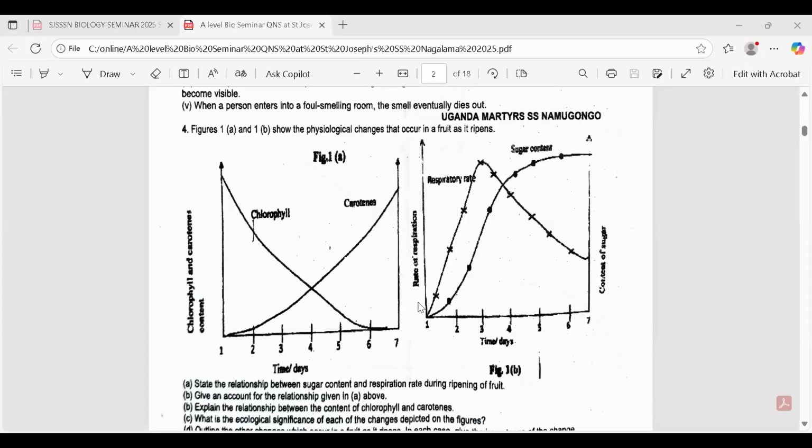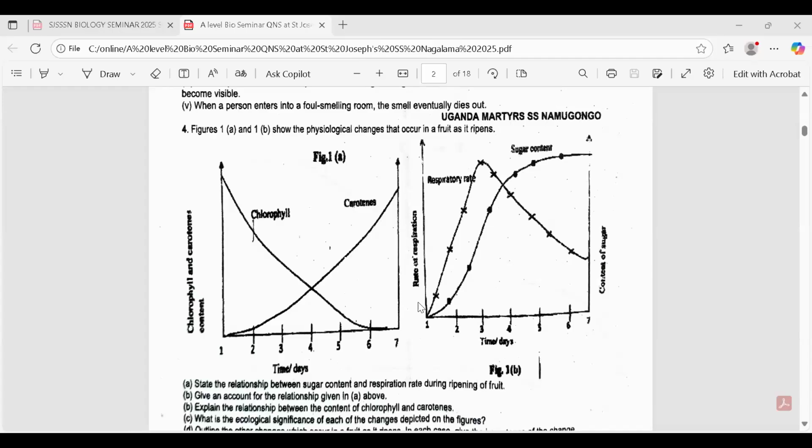Why? Because it was being broken down by some enzymes, leading to the formation of carotenes. The photosynthetic rate was supposed to decrease and then encourage the more formation of carotenes.